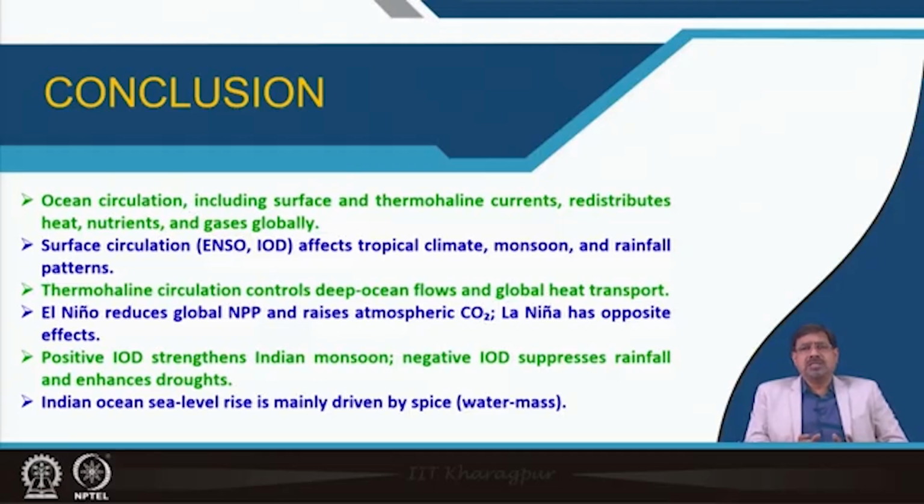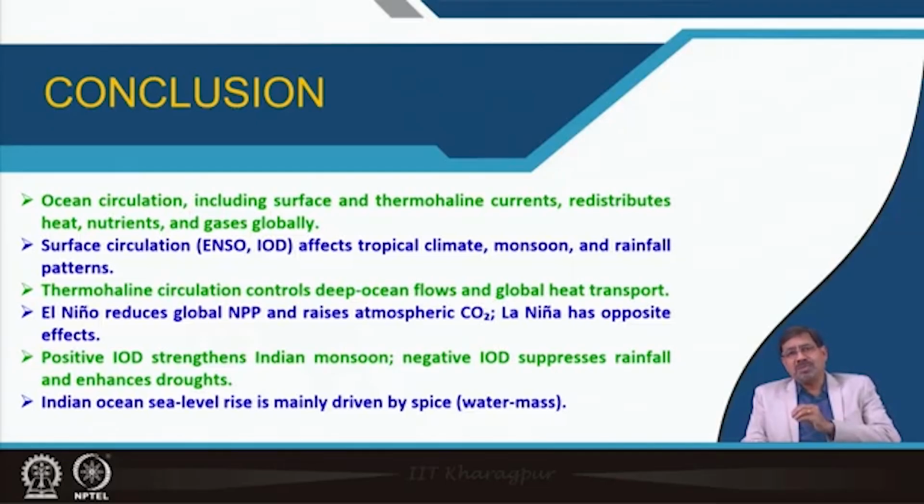So, friends, with this we come to the understanding of the ocean circulation pattern and how it is linked to climate or climate change. With respect to the tripartite curve relationship, we understood the impact of ENSO in reducing soil moisture, leading to less withdrawal of carbon dioxide from the atmosphere because there will be less NPP.